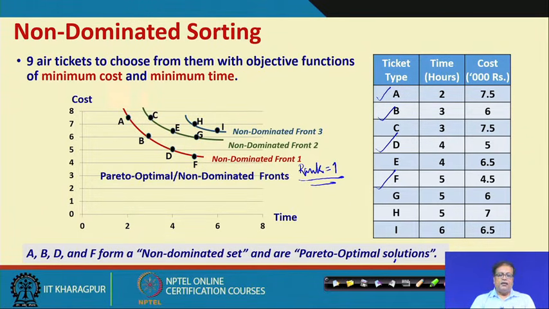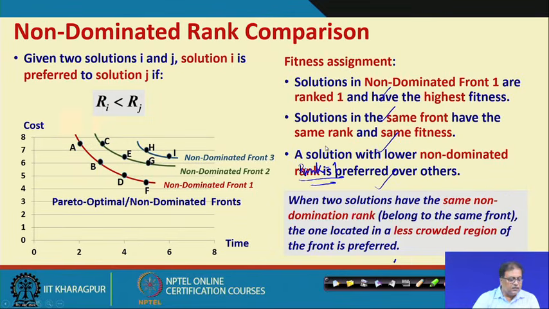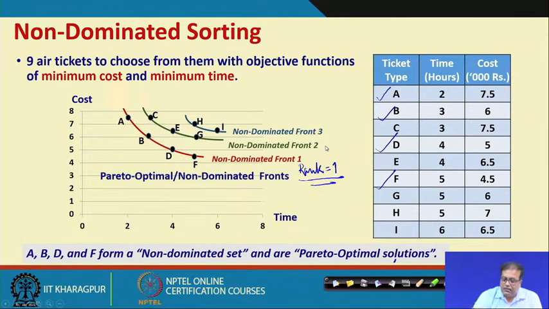So, H and I go out and C, E, G again form a non-dominated front, leaving out A, B, D, F. So, they will be our non-dominated front 2, and their rank at this stage will be 2.